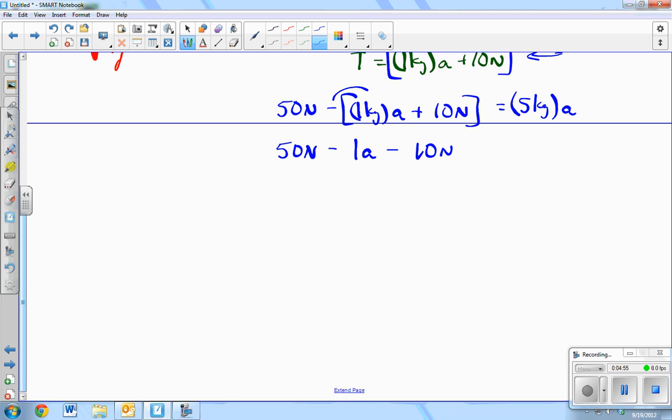This negative gets distributed to both of these guys. If you don't do that, your answer will be wrong. Probably over 6.